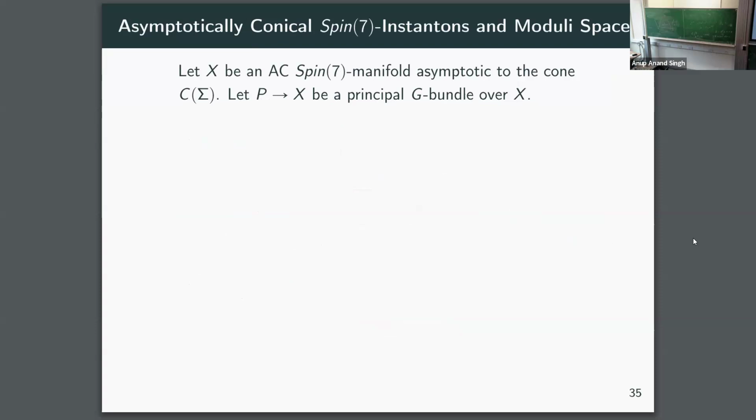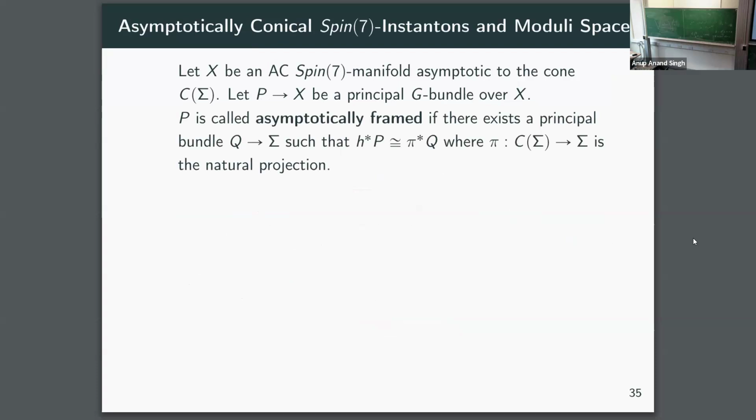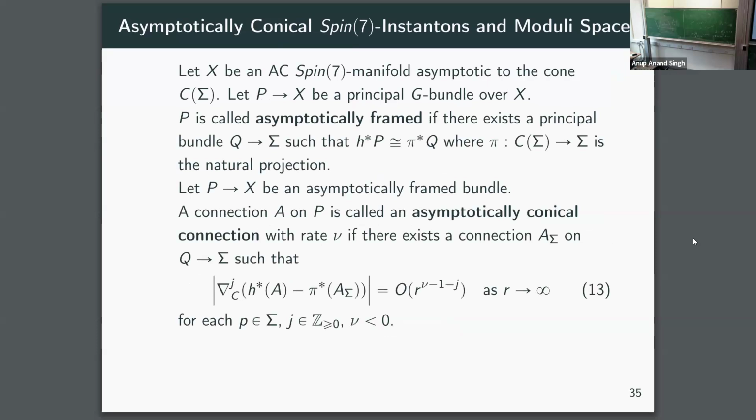So how can we talk about this asymptotically conical instanton? As I said, I want that asymptotic nature to be reflected in the connection, so I want it to be reflected in the bundle as well. That's where this asymptotically framed condition comes from. If you have the bundle Q over your link Sigma, that's the 7-dimensional piece, and you consider a bundle over your 8-dimensional asymptotically conical manifold, they should have this property.